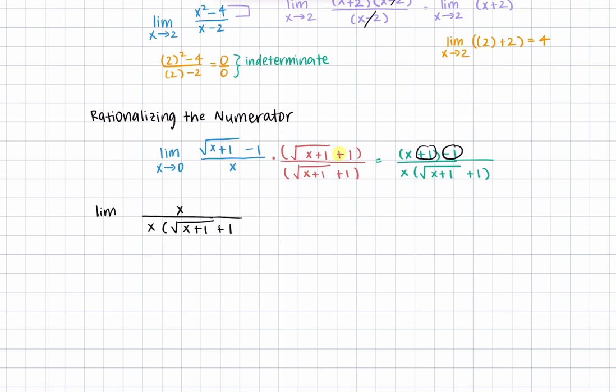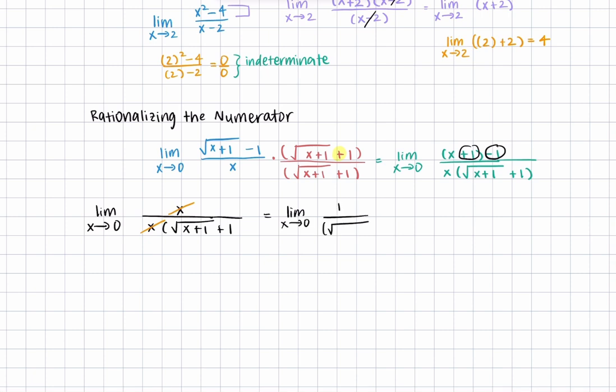And don't forget the limit notation. x approaches 0. So the limit as x approaches 0. Now I can simplify this part further, so I can cancel the x's. So x and x cancel out, and I get the limit as x approaches 0 of 1 over the square root of x plus 1 plus 1.